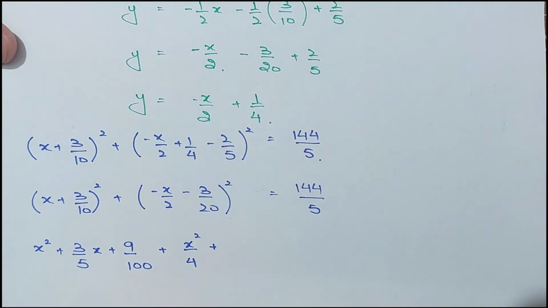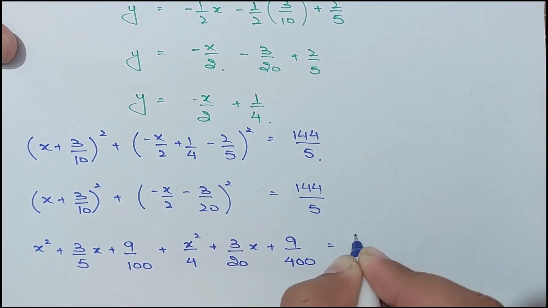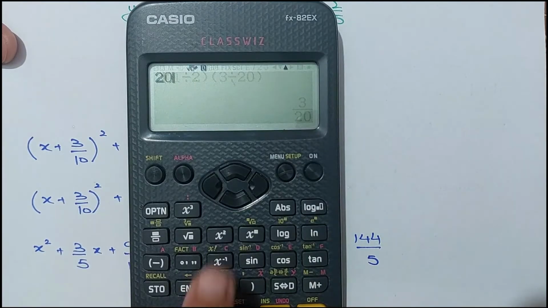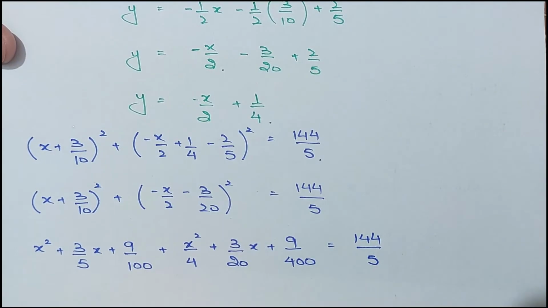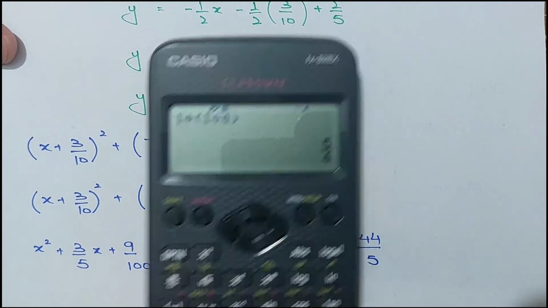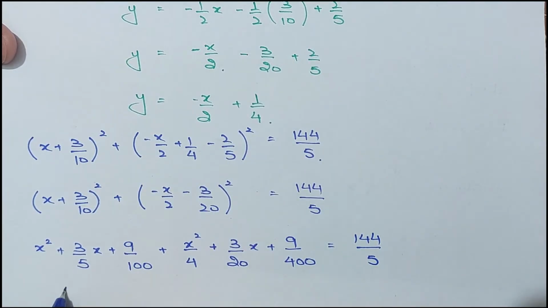This is just 3 over 20 x. 3 square is 9 and 20 square is 400, equals 144 over 5. Let me double check 20 square. Yes, that is 400. Now simplify the x square coefficient. 1 plus 1 by 4 is 5 by 4, the coefficient of x square, 5 over 4 x square.